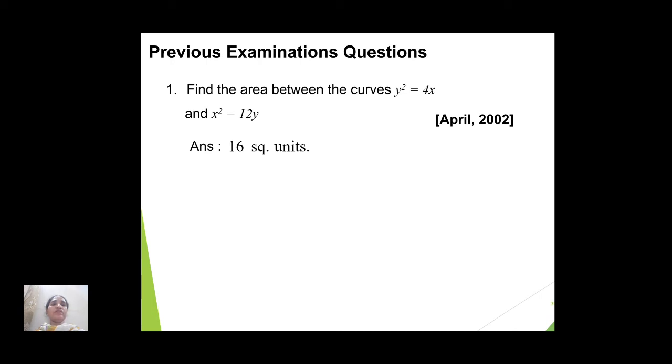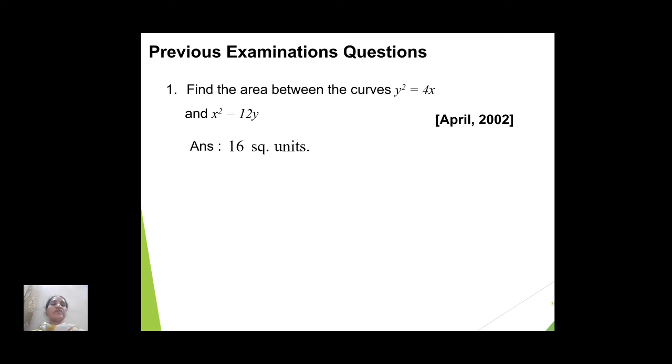Here also there is no limits. For the limits, we must have to solve these two equations. From the first equation, y square equal to 4x. Then we get x equal to y square by 4.